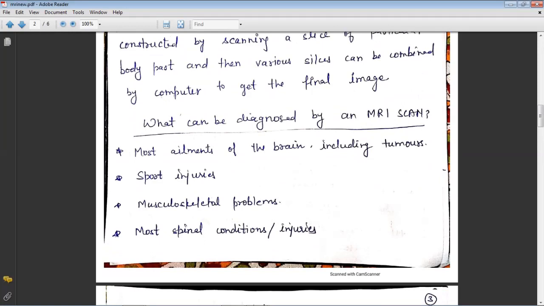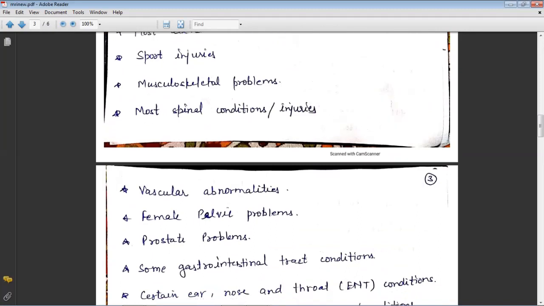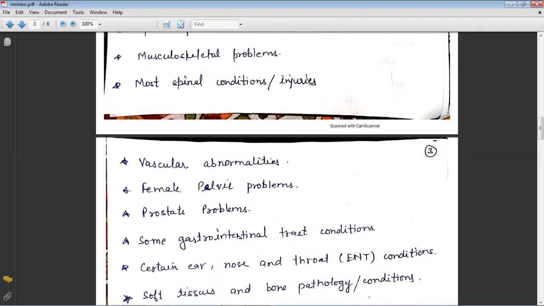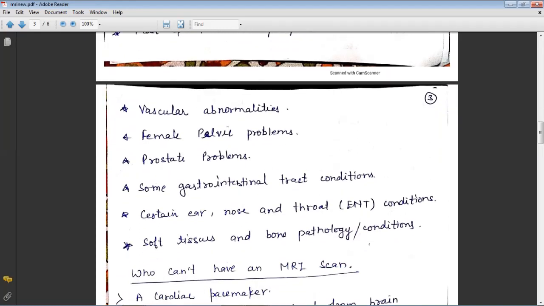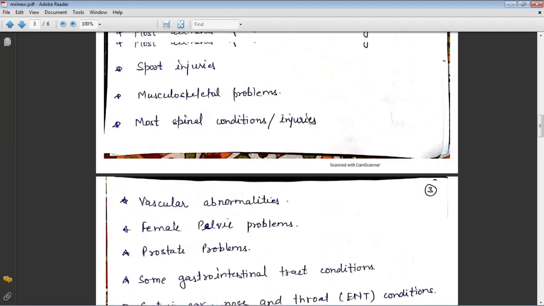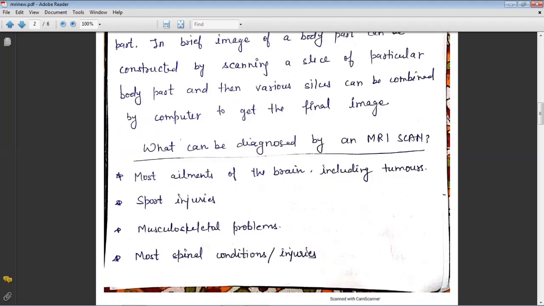If there is any sports injury, it can also be diagnosed, and musculoskeletal problems are also diagnosed by the MRI, and most spinal conditions or injuries can be diagnosed by the MRI. Also other vascular abnormalities, female pelvic problems, prostate problems, some gastrointestinal tract conditions, then certain ear, nose, and throat conditions, the ENT, and soft tissue and bone pathology. These can be diagnosed by MRI scanning.